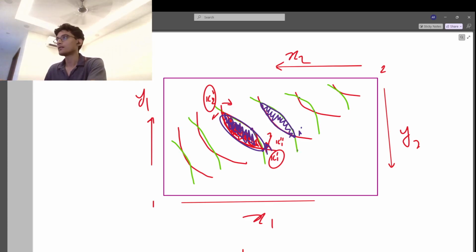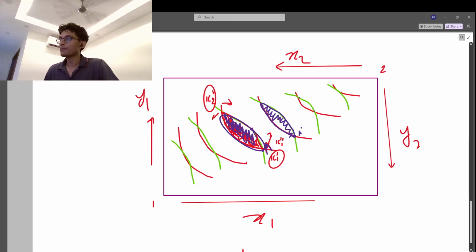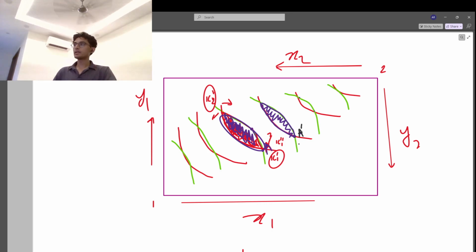Let's take another color, dark green. So any point which is Pareto inferior to A dash is a point here maybe.